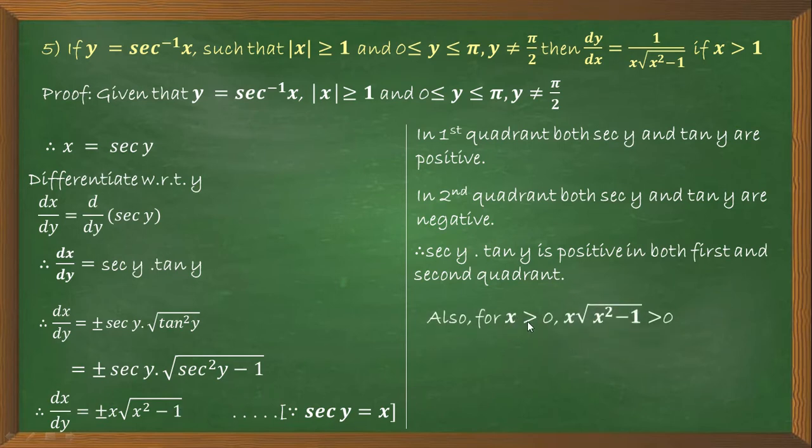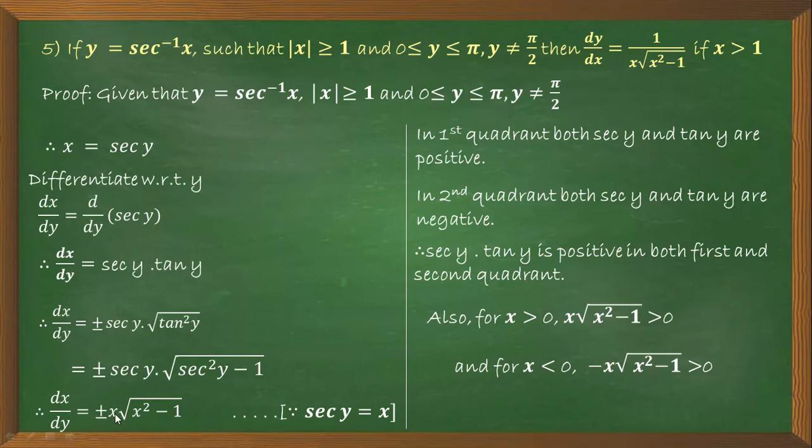So here after the adjustment we have taken plus or minus sign here, but now see here. For x greater than 0, x into root of x square minus 1 is positive. Also, when x is less than 0, minus x into root of x square minus 1 is also greater than 0. So if you take positive sign here, then this is greater than 0.